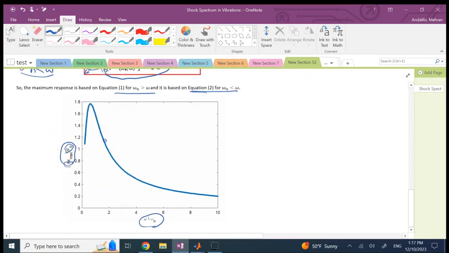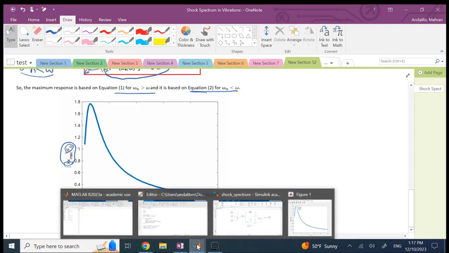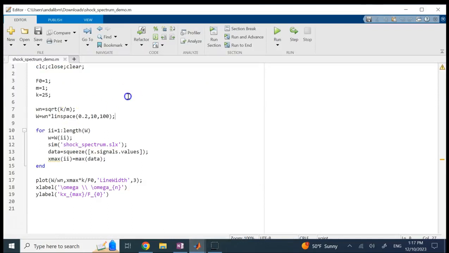Now, the way I generated this plot is by MATLAB. So here I have my MATLAB code, where I set up an arbitrary value for m, k, and f naught. F naught I just use 1. K is 25, m is 1, so omega n clearly is going to be 5. Then I generated a range of frequencies from 0.2 omega n all the way to 10 omega n, and I use 100 values.